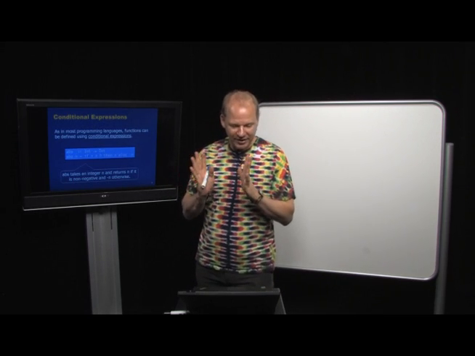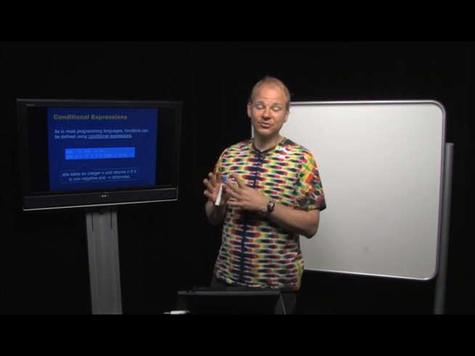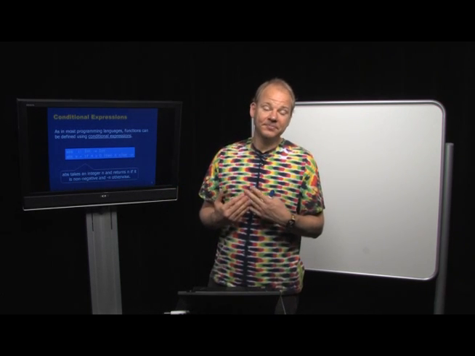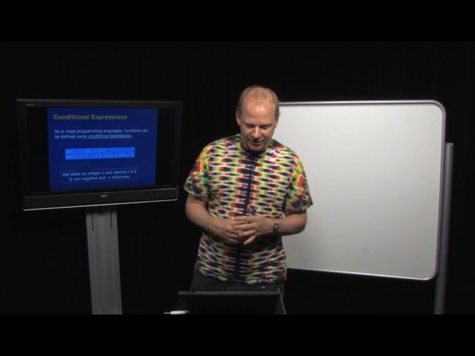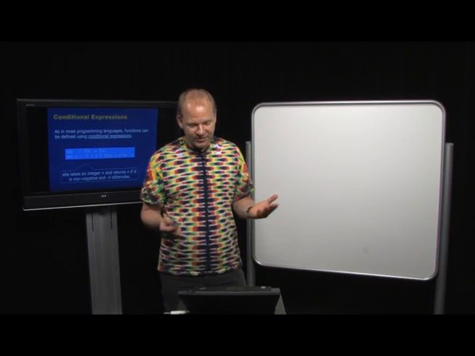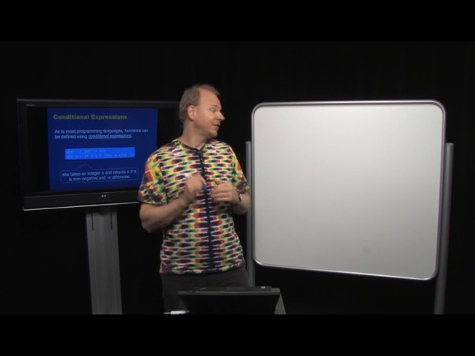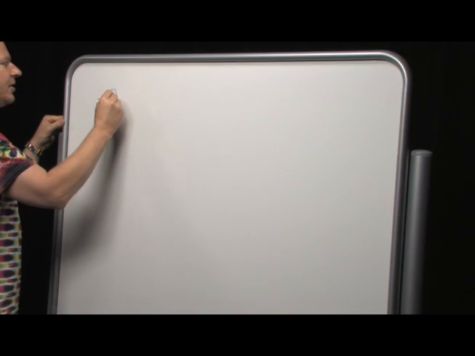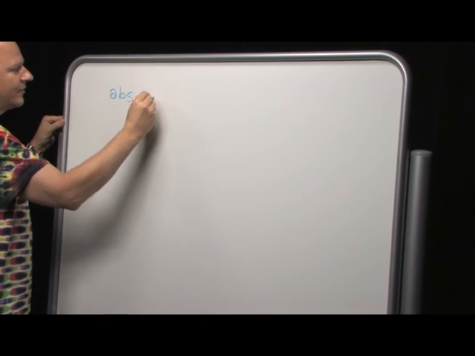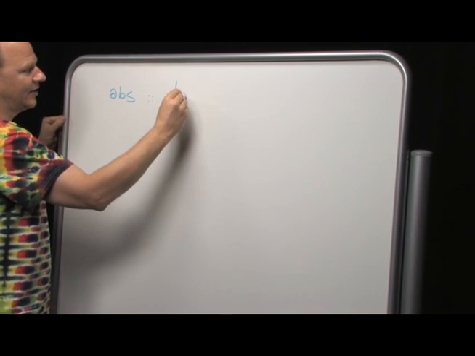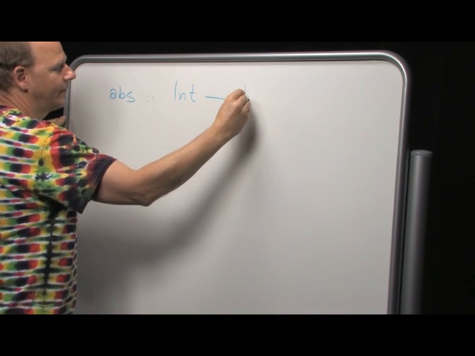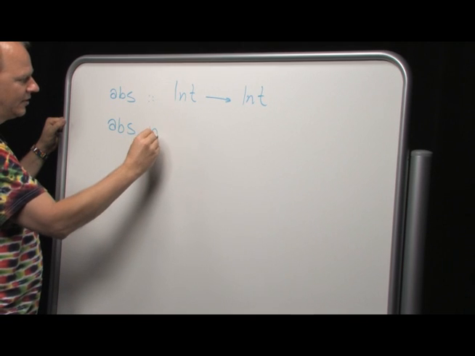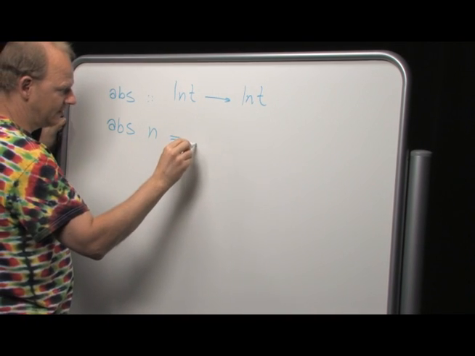But for the rest, this is as close to concrete Haskell as you can get. And again, this doesn't look that different from say C#, except for one thing that I want to emphasize: in Haskell, we separate the type specification, which is like int arrow int, from the function definition itself.